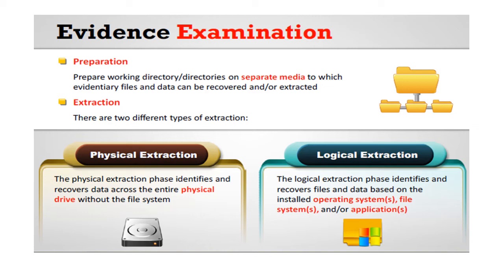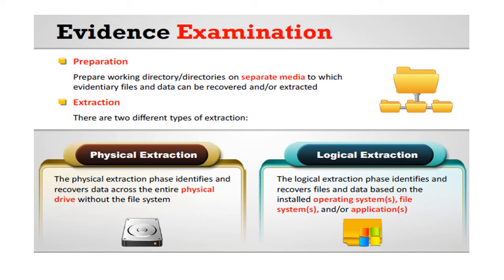Then on extraction, there are two different types of extraction: the physical extraction and the logical extraction. The physical extraction phase identifies and recovers data across the entire physical drive without the file system. That is the physical extraction.